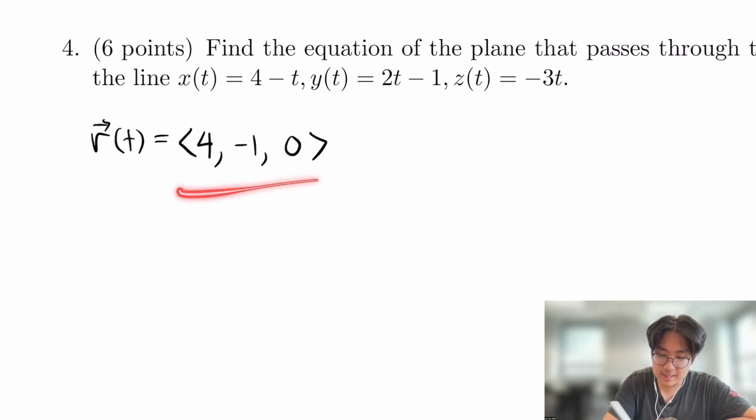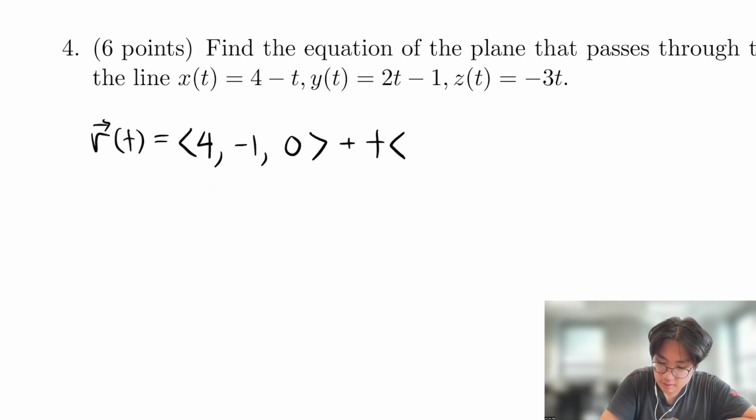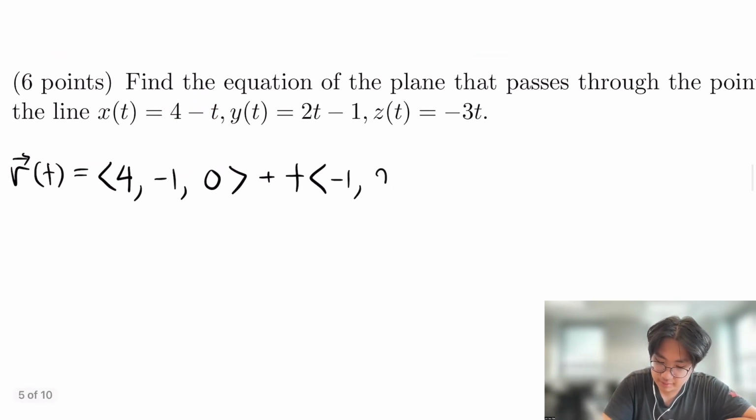Okay, so again, this is a direction vector. Or sorry, this is just a point, not a direction vector, apologies. So plus t, and then t, you can just imagine as extracting the coefficients. So -1, 2, and then -3.